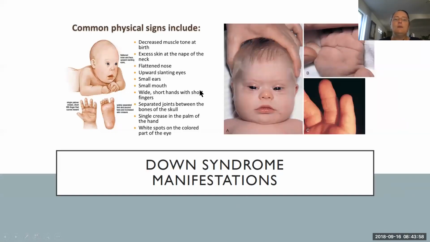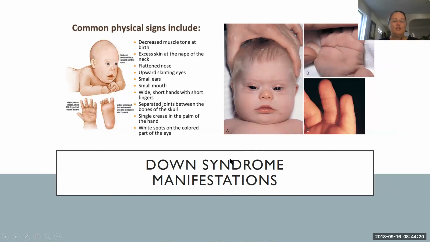So you'll see these babies are born with decreased muscle tone. They have excess skin at the back of their neck, sometimes called a fat pad. They typically have upward slanting eyes and low set ears. That's common. Sometimes they'll have what's called a simian crease. Other people can have a simian crease too.